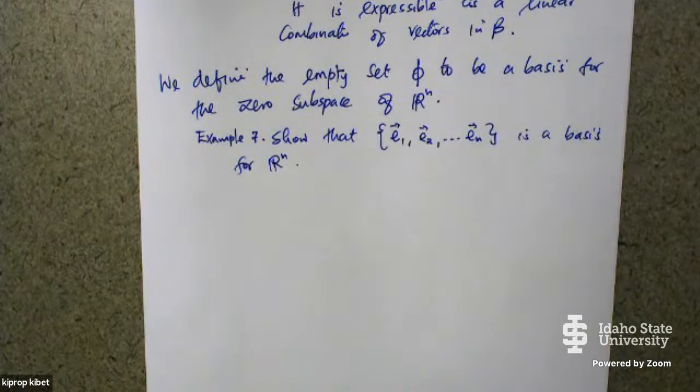To show that this is a basis for Rn, it should satisfy the two properties: one, it should be linearly independent, and the other, it should span Rn.